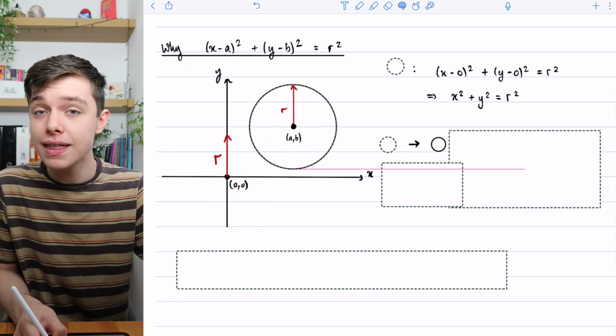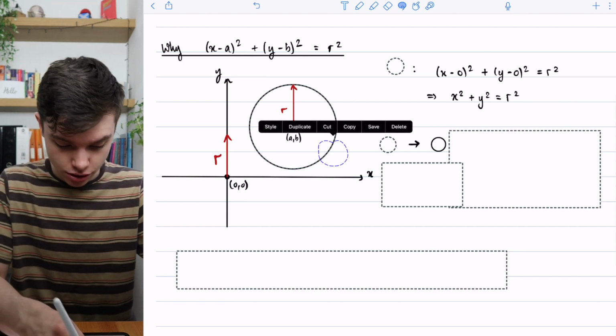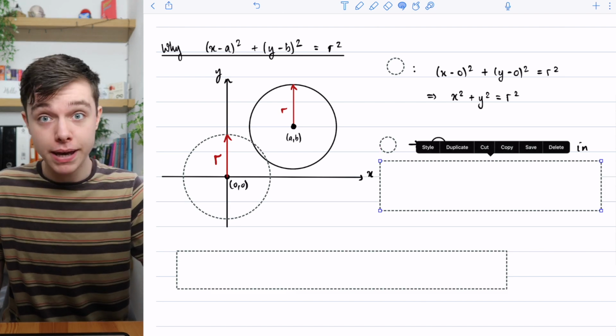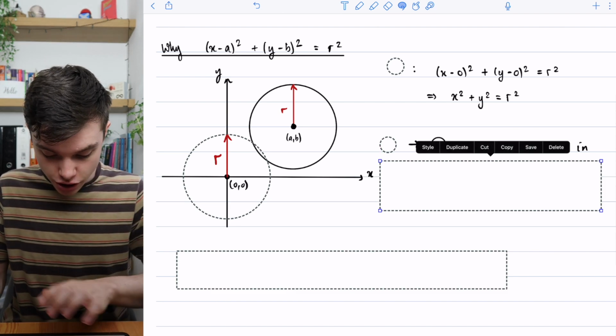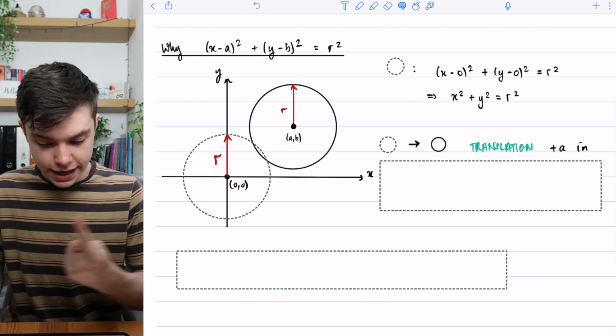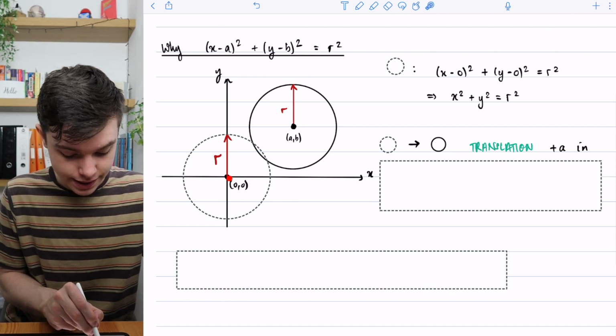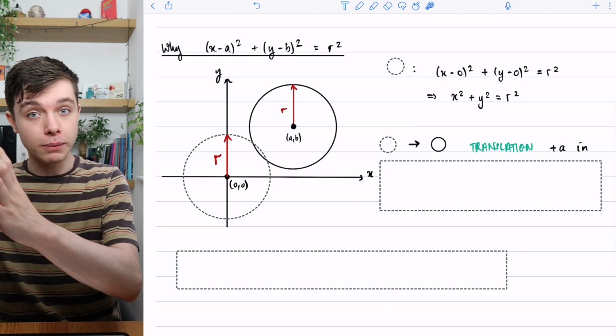Well, like I said, we can think about this in terms of translations. To go from the dashed circle to the straight line circle, we can think about the centre moving, and as the centre moves, the whole circle will move with it.